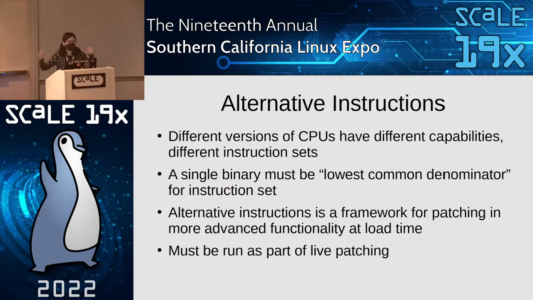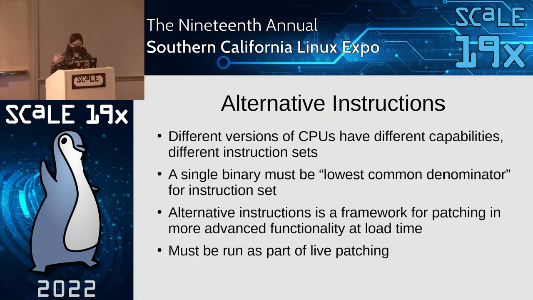So alternative instructions is a framework for patching in the correct instruction based on the instruction set. So for example, if a processor has supervisor memory access protection, I believe, but not all Intel processors do, it'll patch in the correct instruction in order to protect or unprotect memory.